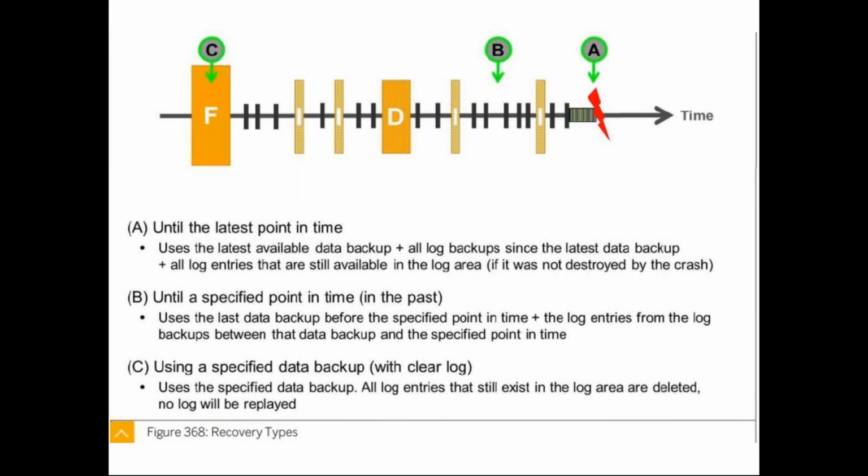If you go with the first option, that is until the latest point in time, which we also call recovering the database to its most recent state, you can see that it's represented with A here.